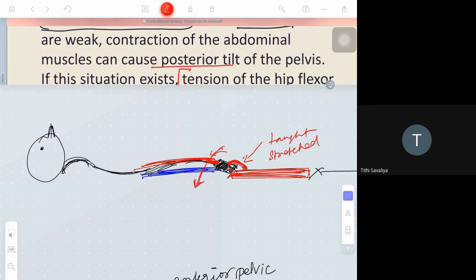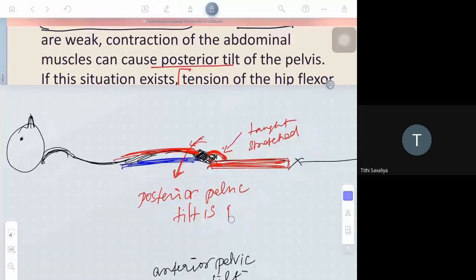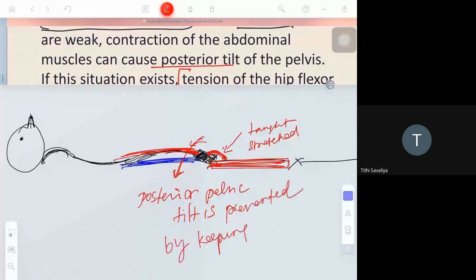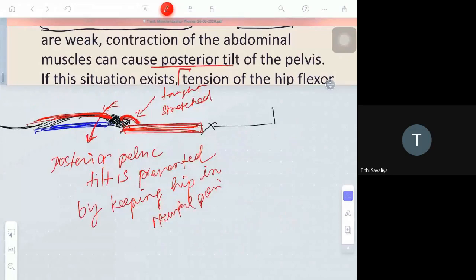In other words, posterior pelvic tilt is prevented. This movement is prevented by keeping the hip in neutral position or hip in extended position, or the iliopsoas muscle in stretched position.